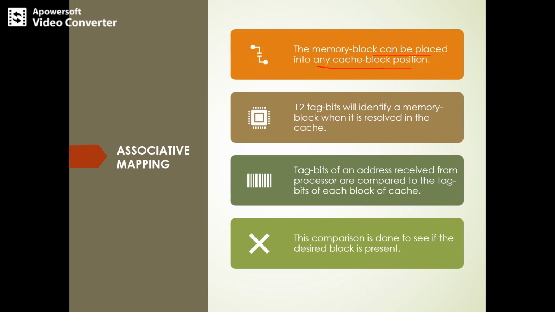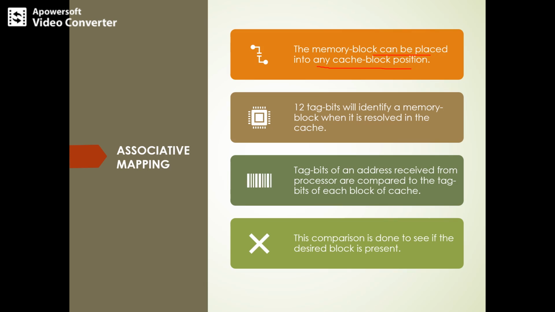So we have 16-bit address information. 12 tag bits are required to identify a memory block when it is resident within the cache. The tag bits of an address received from the processor are compared with the tag bits of each block of the cache to check which tag bits match.